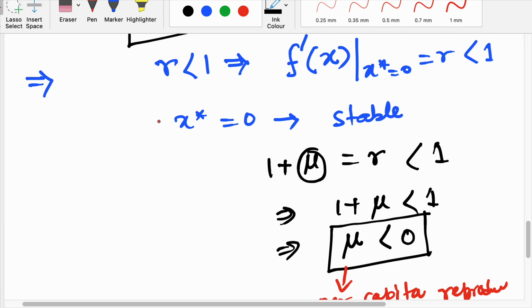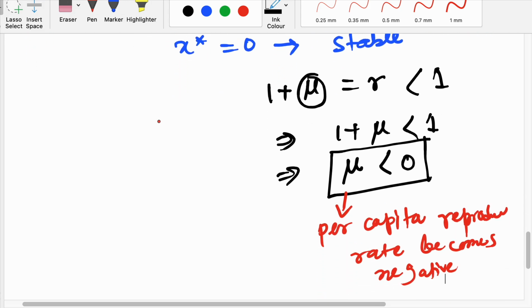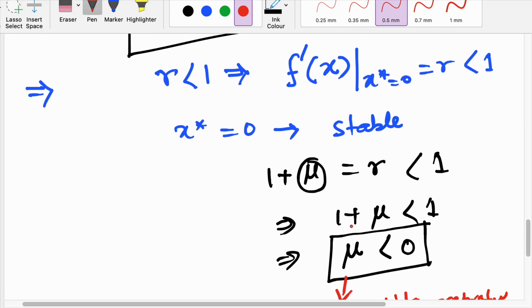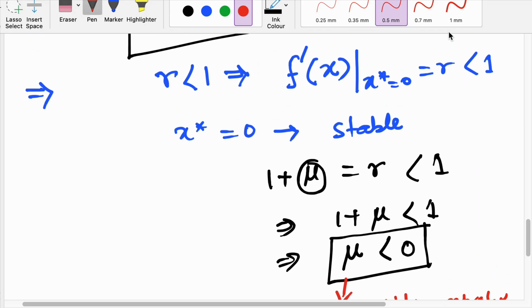That is quite true, because if the per capita reproduction rate becomes negative, then automatically the population will decrease as time goes on. So when r is less than 1, the population is going towards extinction.